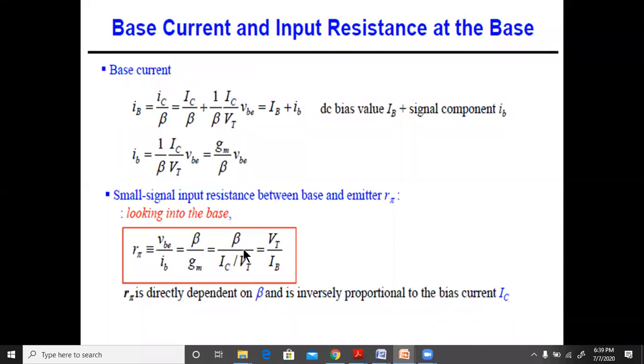VT is considered a constant value. The thermal voltage is, as I said, 25 millivolts. So this is the relationship of the input resistance looking at the base, between base and emitter, but generally we'll say at the base.